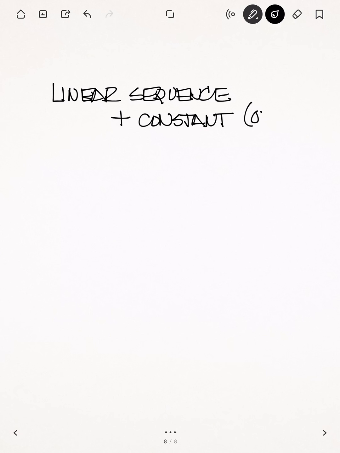We can also say we could subtract a constant. Now, this has a special name. The linear sequence like this, we actually would call an arithmetic sequence.